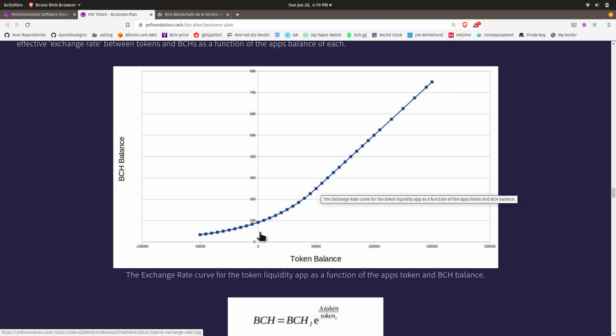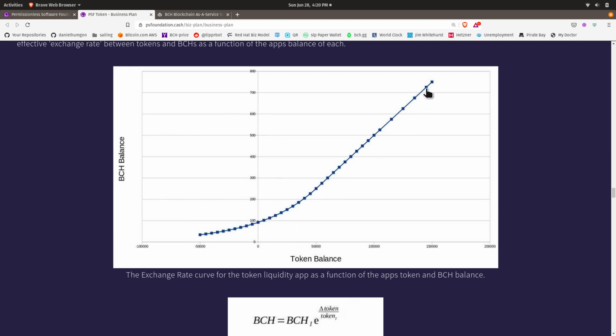So this graph that you're looking at, it's Bitcoin Cash on the y-axis and tokens on the x-axis, and this is the balance of the wallet of the token liquidity app. So you send it Bitcoin Cash and its balance goes up. You send it tokens, it's going to send you Bitcoin Cash, and its Bitcoin Cash balance is going to go down.